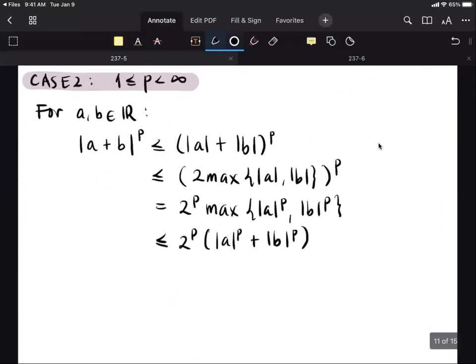So applying this, just take note that this is again strongly measurable as before.